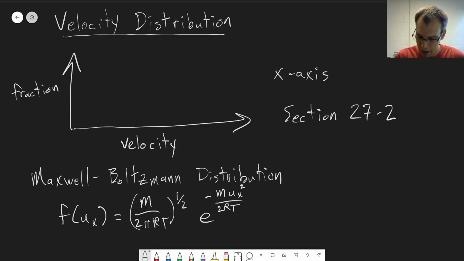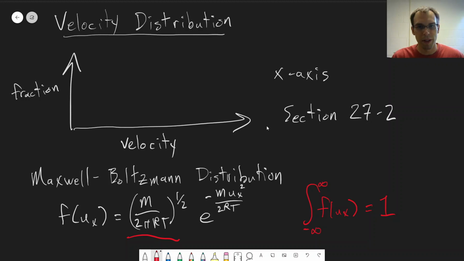Now the normalization constant, which is out front here, is just to ensure that if we integrate f of u_x over all possible speeds, or velocities, let me be careful here. In this case, we could have velocities ranging from negative infinity to positive infinity, that this is equal to 1.